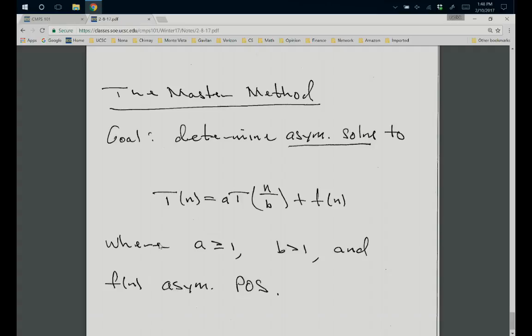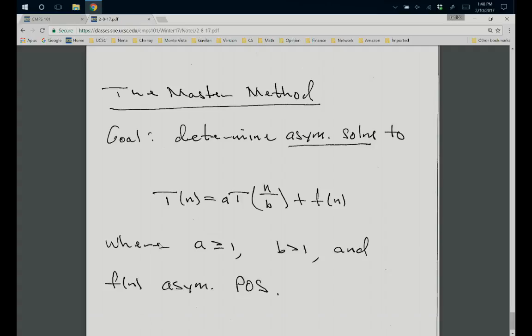One more thing I'd like to say before we look at examples, and that is that notice all of these hypotheses pertain to the asymptotic growth rate of f of n, not the function f of n itself. So you can always simplify your recurrence.